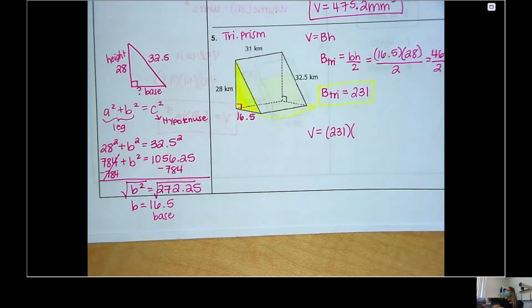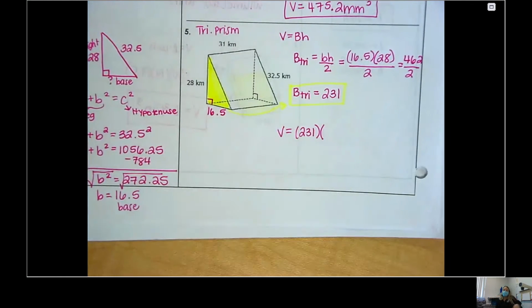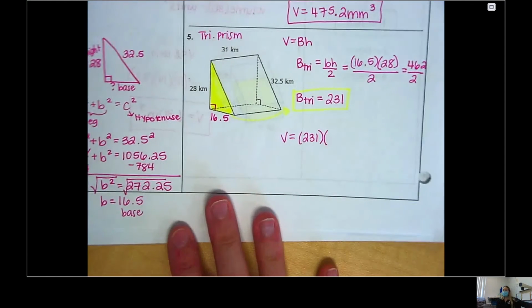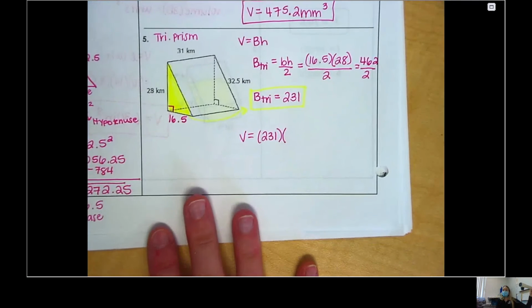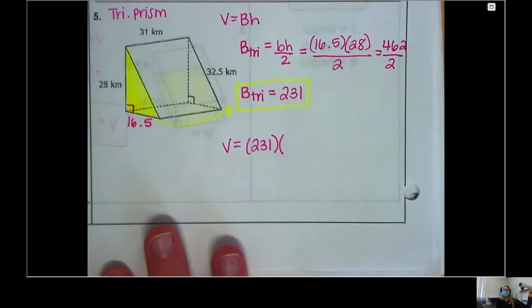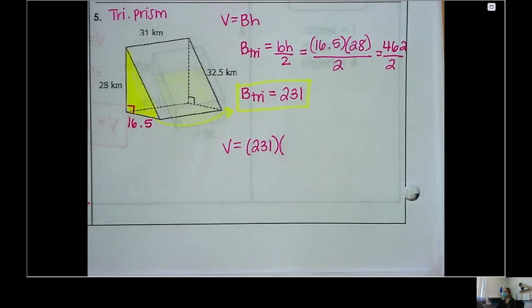Now, the height of the prism is the line that connects the two triangles together. Right? The line that connects the two triangles together, that will be your overall height of the prism. What number connects the two triangles together? 31. Good.